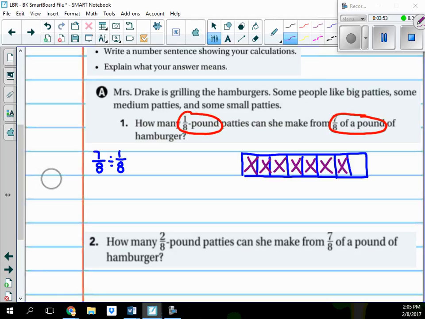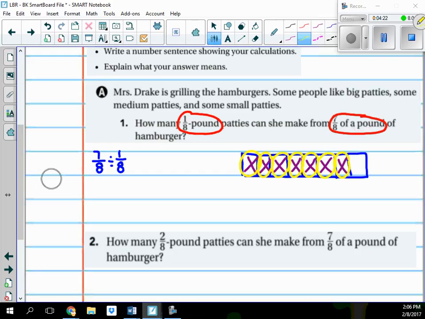Now, what size am I going to divide the hamburgers into? What's the size that I need? Edie, what's the size? 1/8. 1/8, you got it. So, let's do this. Let's circle 1/8 on each of these. So I have 1/8, 2/8, 3/8, 4/8, 5, 6, and 7.